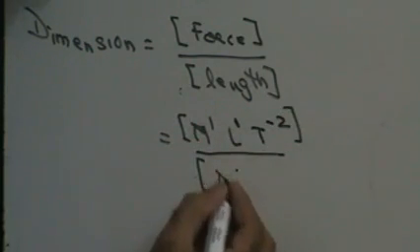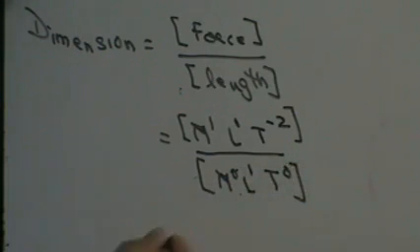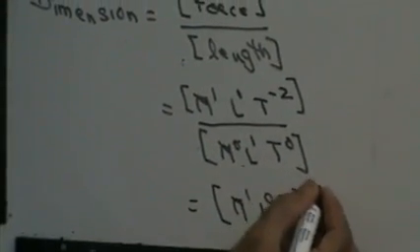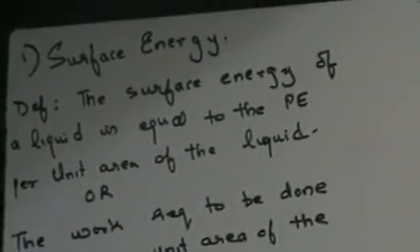Length is going to be M0 L1 T0. So the dimensions of surface tension will be M1 L0 T minus 2. Fine, those are going to be your dimensions of surface tension. Right? Once you have this, next let's see.